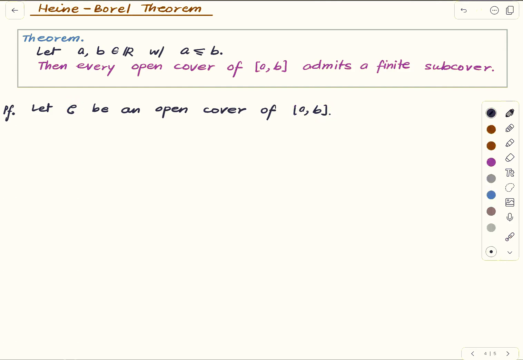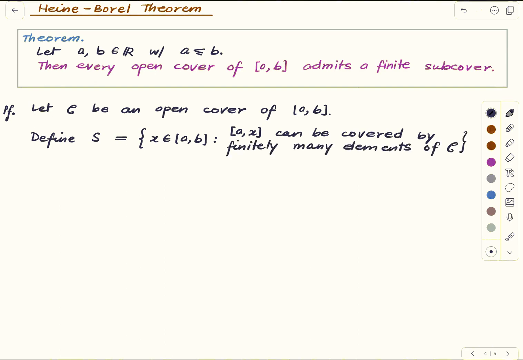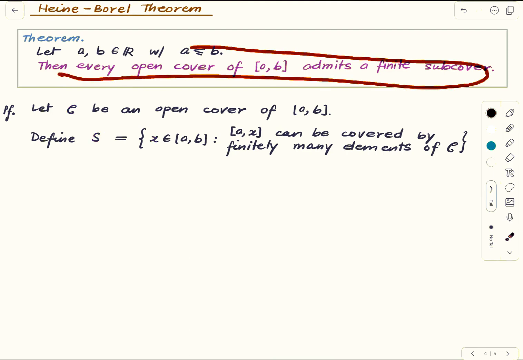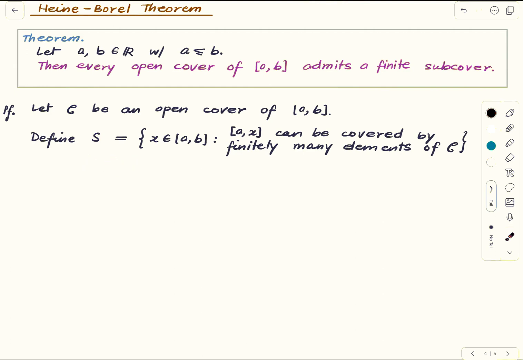All right, so we will make a very simple reformulation of the problem. We will define a set S as those elements x in the closed interval [a,b] such that the smaller closed interval [a,x] can be covered by finitely many elements of fancy C. So this is the set of those points x in the closed interval [a,b] such that this much can be covered by finitely many elements in fancy C. And the theorem only asks us to prove that b is in S. That's exactly what the theorem is stating.